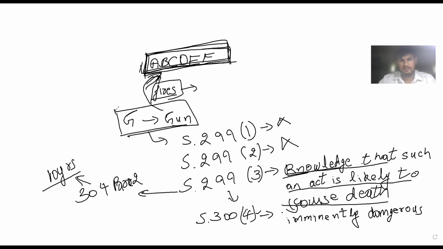Suppose gun, since he is shooting with a gun, and that too upon a crowd with a bullet. So this is proof that the act is imminently dangerous, and once the bullet hits, there is a chance that it will result in death. So probability is high.